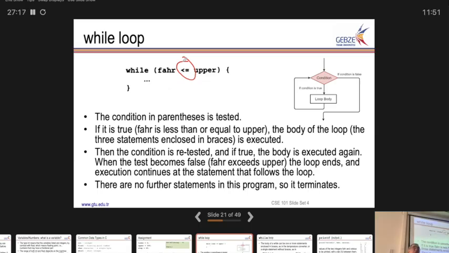Therefore, comparing two floating point numbers for equality needs attention. Basically, you subtract them from each other and look at the difference. If the difference is smaller than a certain value, you assume that they are equal. Otherwise, your program sometimes works, sometimes doesn't work.